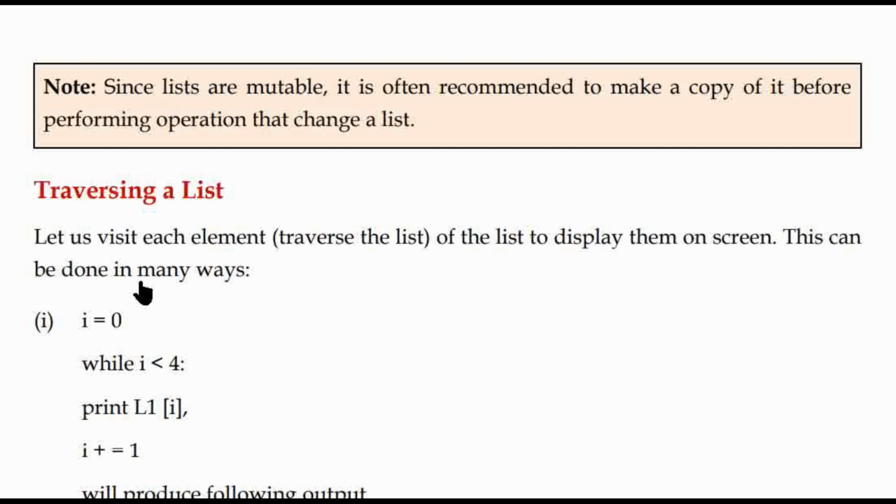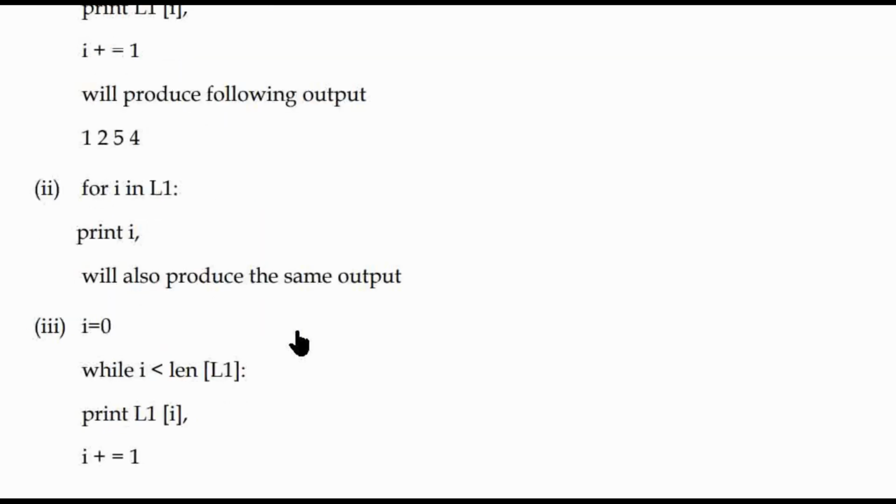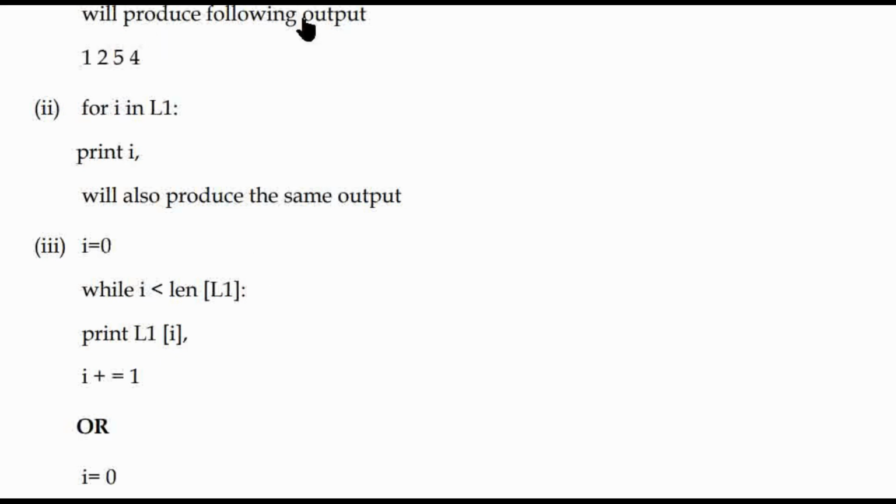This can be done in many ways. i = 0, while i < 4: print L1[i], i += 1 will produce the following output: 1 2 5 4. For i in L1: print i will also produce the same output.